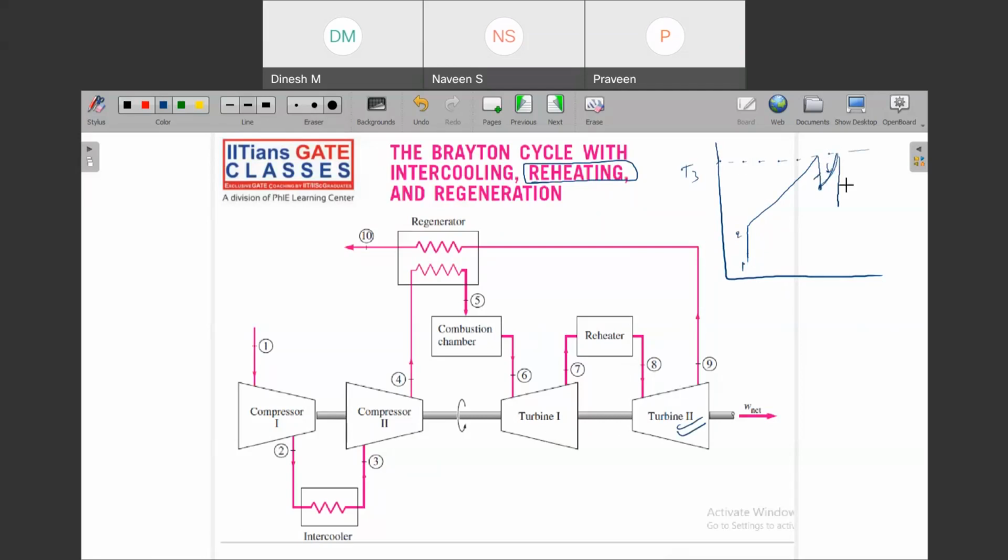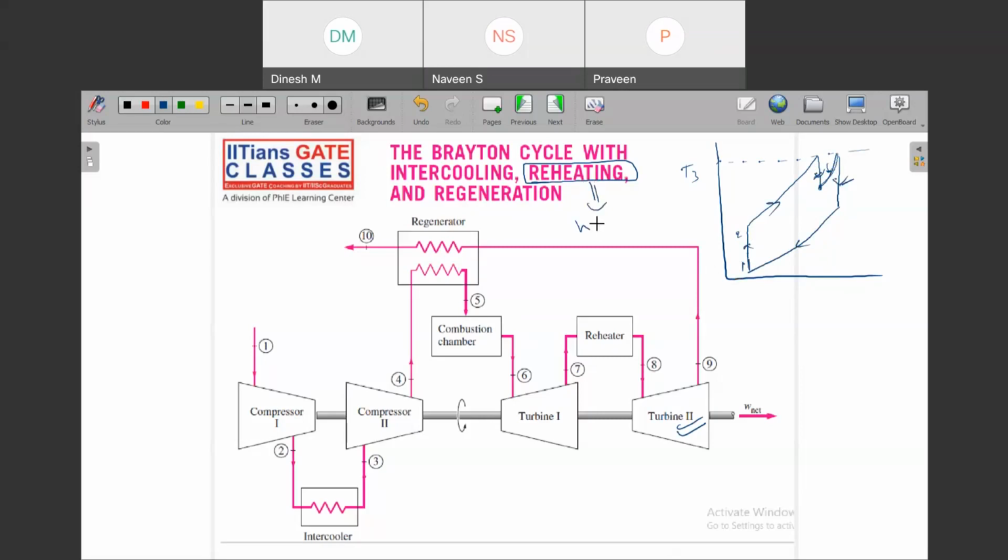So one turbine is here, another turbine is here, and then you cool it back in the heat exchanger. So this is the idea of reheat.